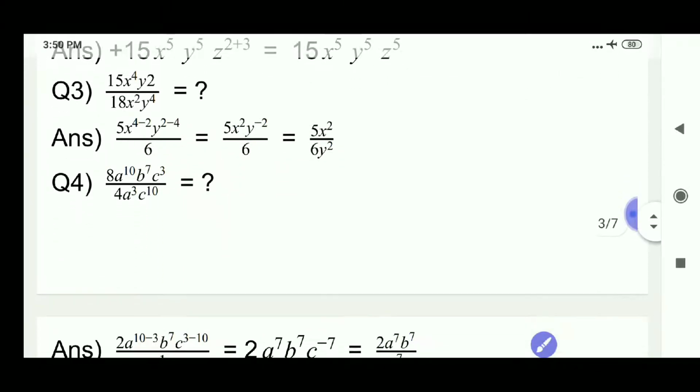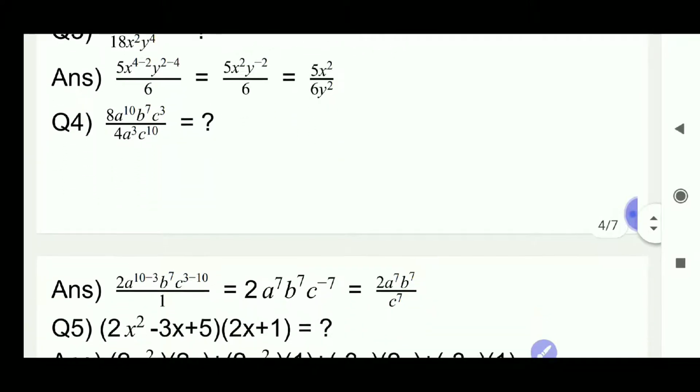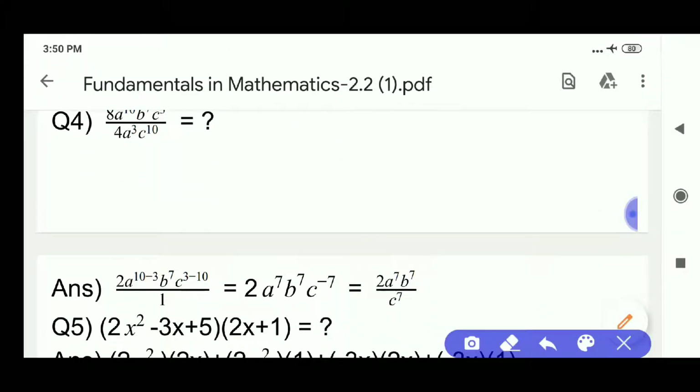One more question. 8 a power 10 b power 7 c cube by 4a cube c power 10. By simplification, it becomes 2.